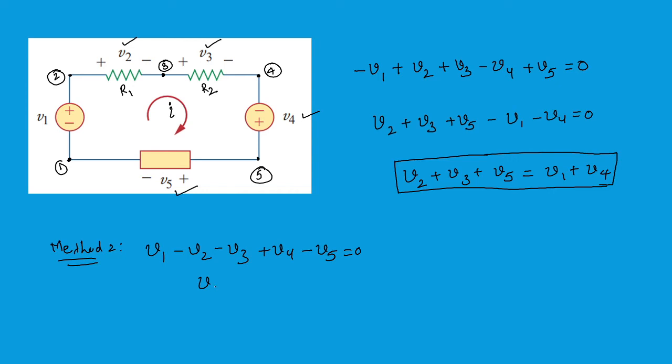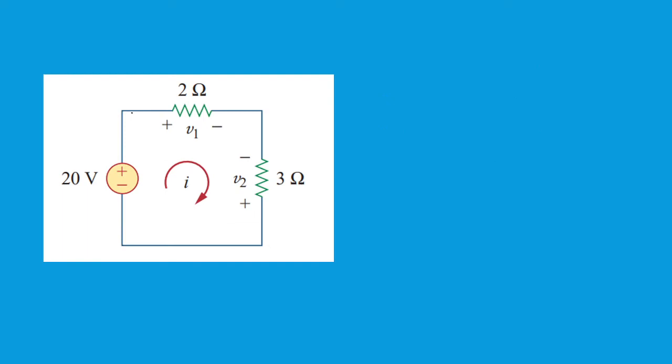Again, what will we get? You'll get the same thing: V1 plus V4 is equal to V2 plus V3 plus V5. So both these equations are the same, but it is always better to consider whichever method you are comfortable with. Okay, this is what KVL stands for.